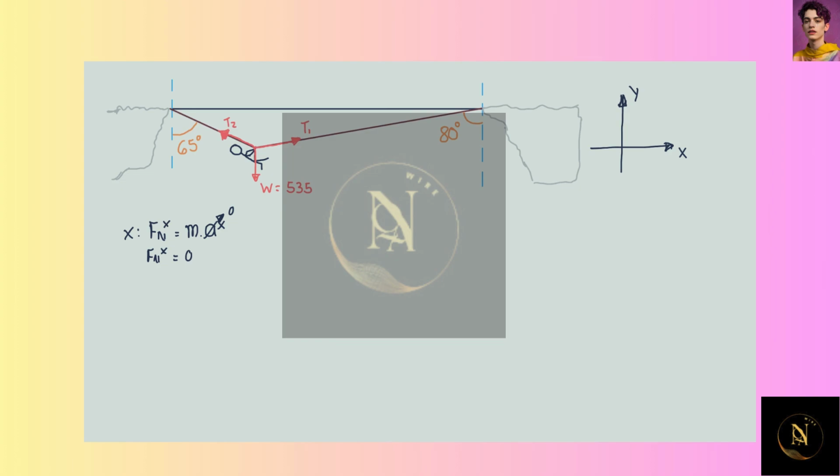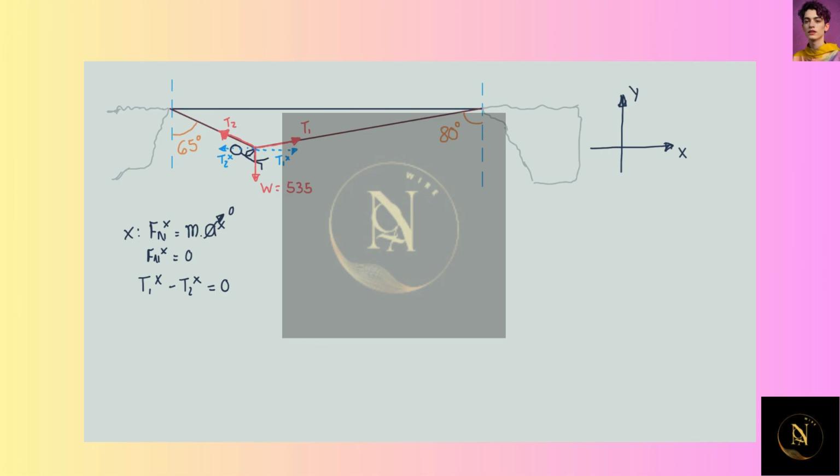But the net force in the x direction is composed by two forces: the x component of the tension number 2, T2x, and the x component of the tension number 1, T1x. Notice that T1x points to the right, so it's positive, while T2x points to the left, so it's negative in my reference frame, and this is 0.